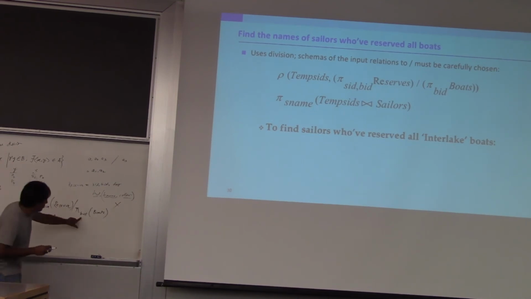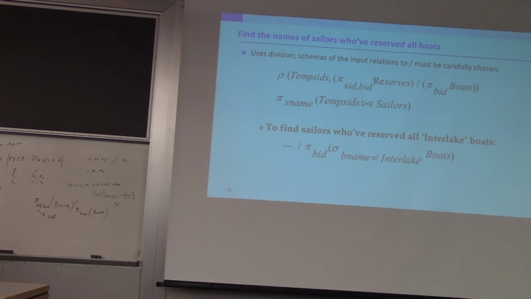While projecting BID, you only get the ones that are named interlake. So you just change that part.